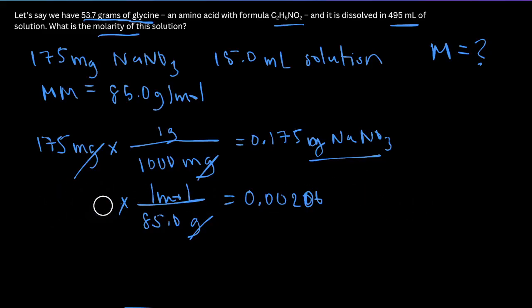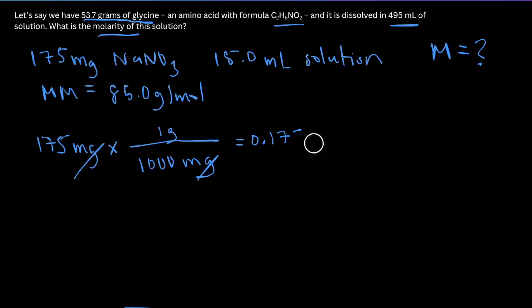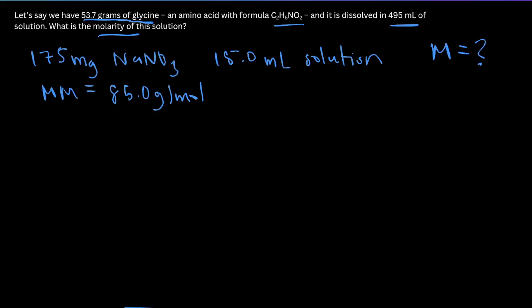Okay, I just kind of noted these numbers down in my mind. I'm just going to clear this up for the purpose of giving us some more space. Now, we have our moles of NaNO3 to be 0.00206. Okay, now we can just get the denominator of that formula, which is going to be taking our milliliters to liters.